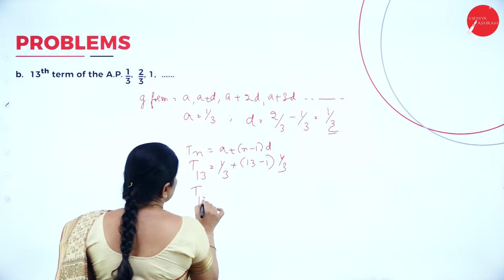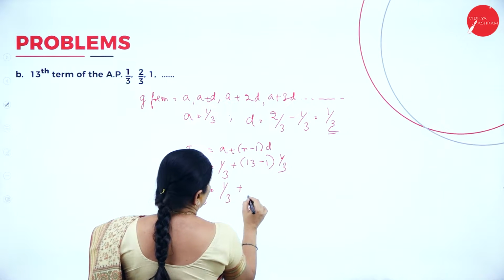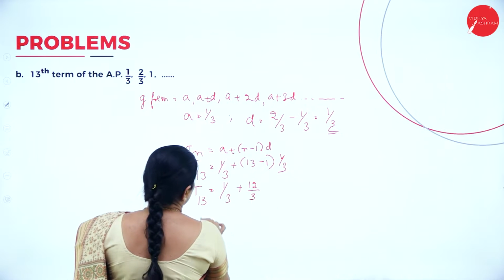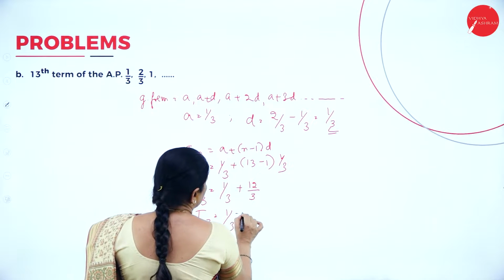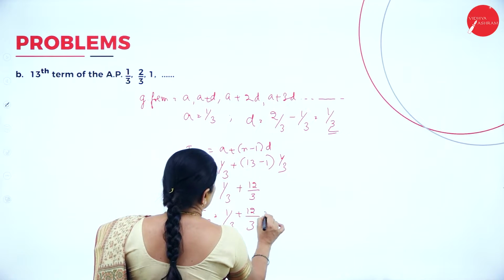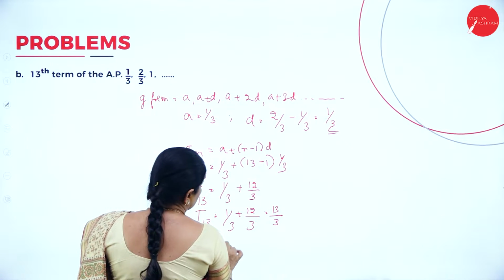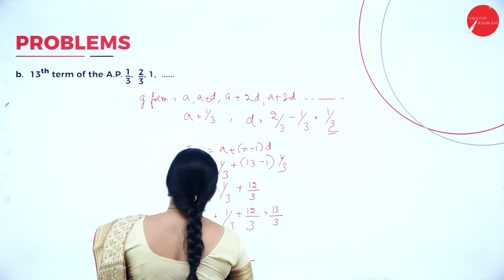So, T13 will be 1 by 3 plus 12 by 3, that is 13 by 3. T13 equals 13 by 3 is the answer.